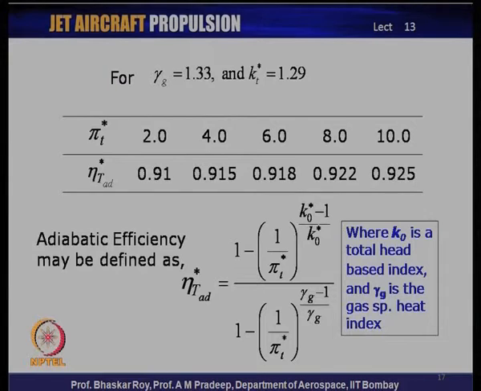So, if you invoke those values, then you can arrive at the adiabatic efficiency definition based on K 0 star and the gamma g ideal value, and of course, pi T star, which is the turbine design pressure ratio as defined by the designer. So, these are the rigorous things you may like to do if you want to do it in a very rigorous fashion.